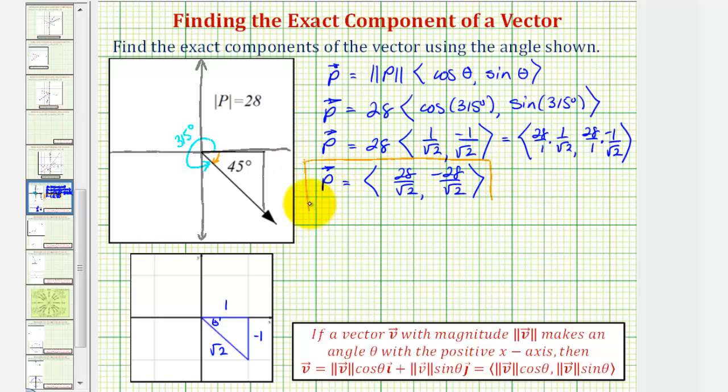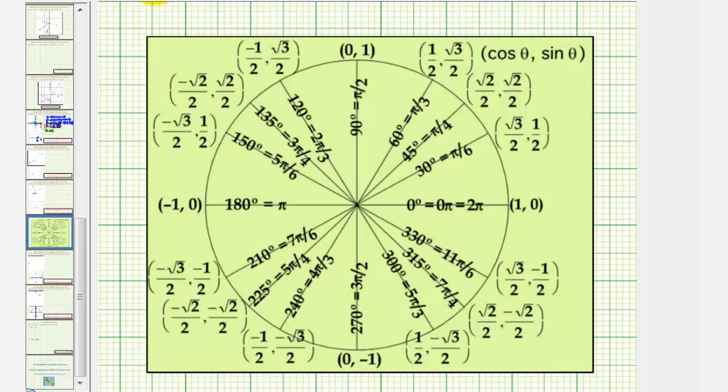We could rationalize these denominators and then simplify, but I also want to show how it would look if we found these trig function values using the unit circle. So again, let's start with vector p equals, we know it's going to be 28, and then for cosine 315 degrees and sine 315 degrees, if we use a unit circle given here, notice how the trig function values are rationalized.